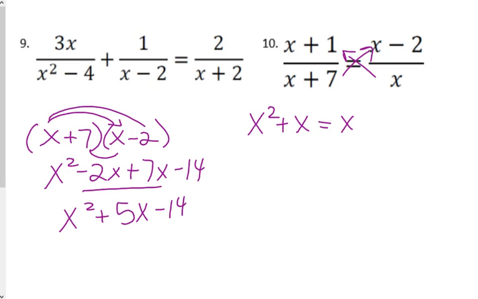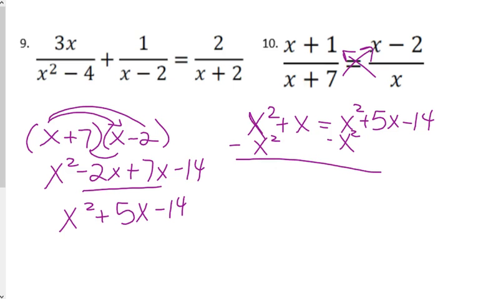So we're going to set that equal to our x squared plus x. So we have x squared plus 5x minus 14. So I'm going to go ahead and subtract x squared from both sides, because I have that on both sides. It cancels. And we get x equals 5x minus 14.